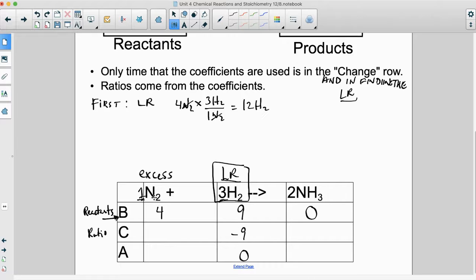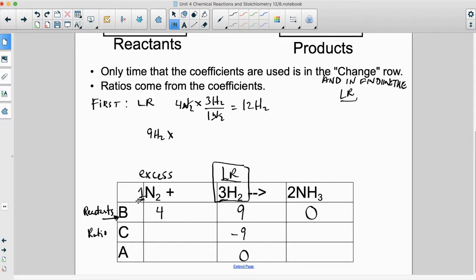Now, looking at the N2, I want to figure out how much N2 reacts with my limiting reagent. Okay, the change line is based upon the limiting reagent. So here, I want to take my 9 H2s and figure out how many N2s I am going to react with it.